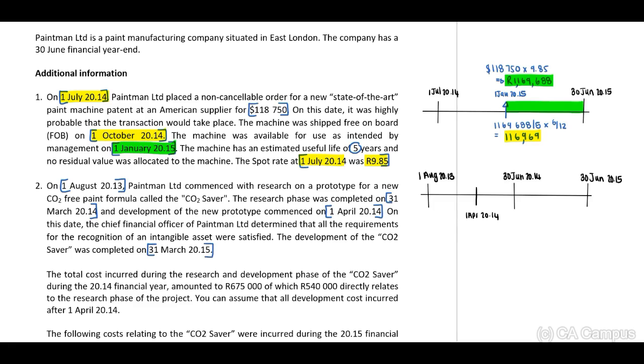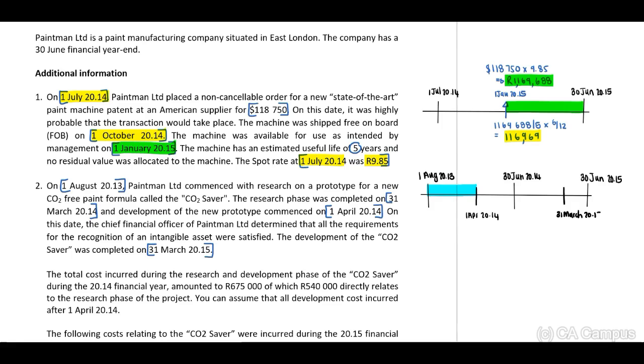Therefore, on our timeline, we can identify that our research phase will be from 1 August 2013 until 1 April 2014. And they indicate to us the development of the CO2 Saver completed on 31 March 2015.